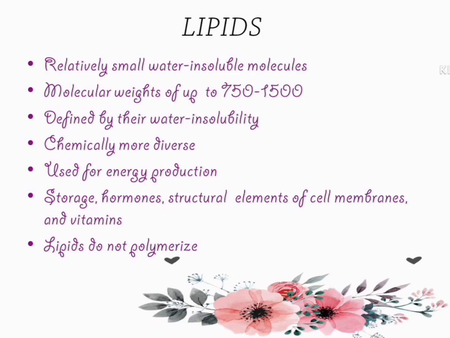Lipids are used for energy production and storage, hormones, structural elements of cell membranes, and vitamins. Lipids do not polymerize to form macromolecules, but they can aggregate non-covalently to form very large structures.